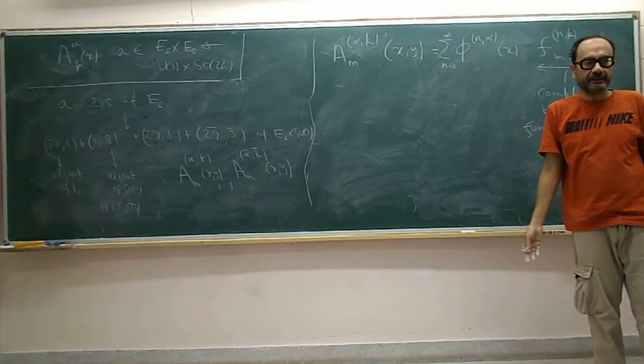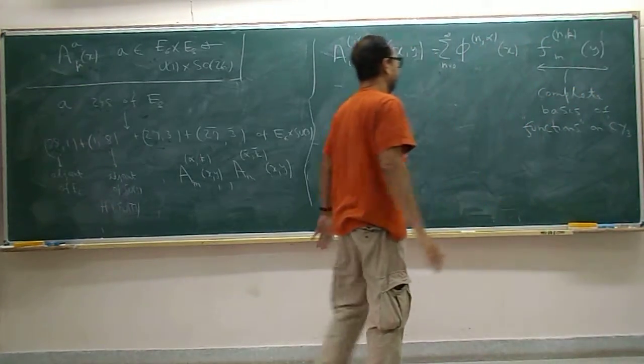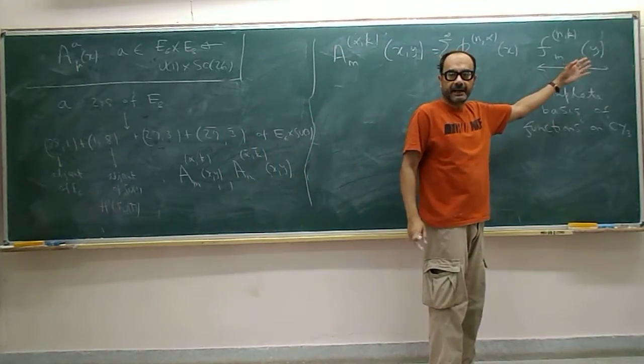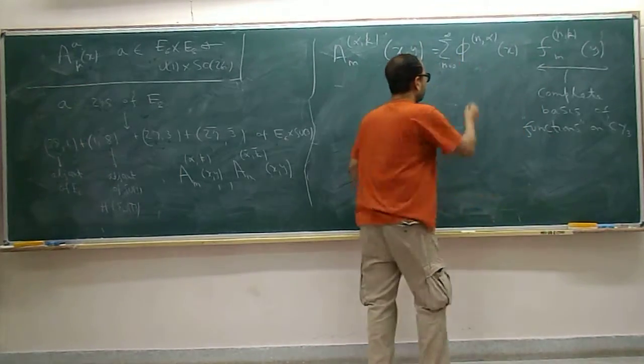Is this point clear? Let me repeat what I am saying. First of all, I have expanded it; I can always choose to expand it like this. Now we want to look for massless scalars.